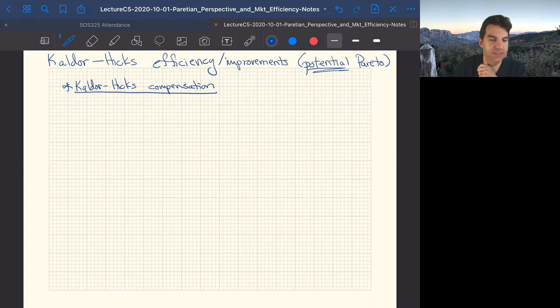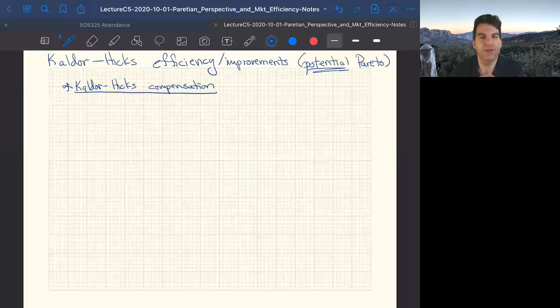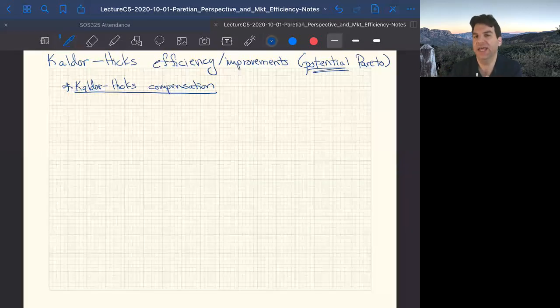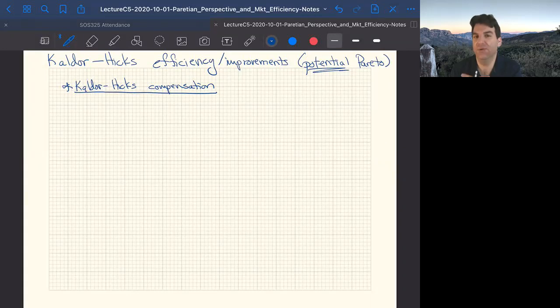I can wait. Or does anybody remember what this compensation is about? It's true that Kaldor-Hicks compensation opens up the possibility that we can make changes in society that will leave some people worse off. But it only allows that.